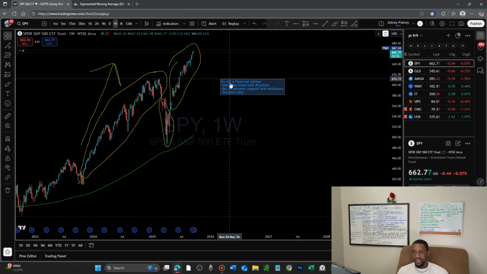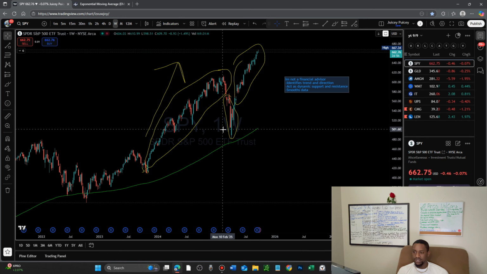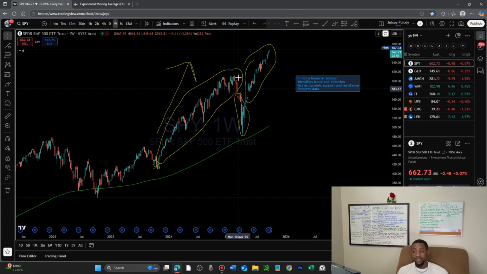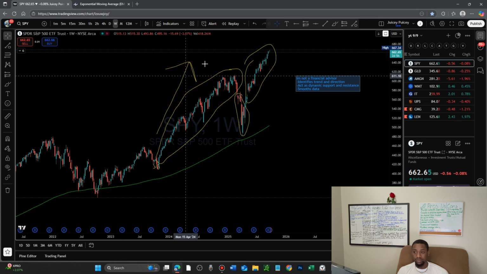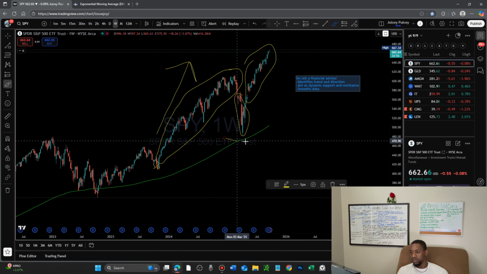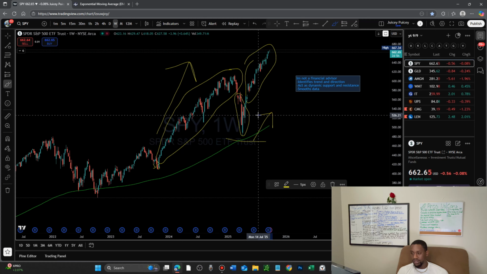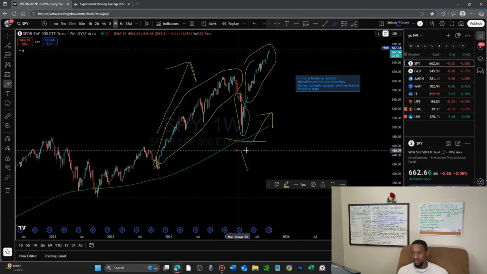How does it act as dynamic support and resistance? Well, first thing first is I'm going to keep all these circles marked up. But I'm going to show you dynamic support and resistance. Well, support is where it bounces up at, and resistance is where it bounces down from because it can't get above it.